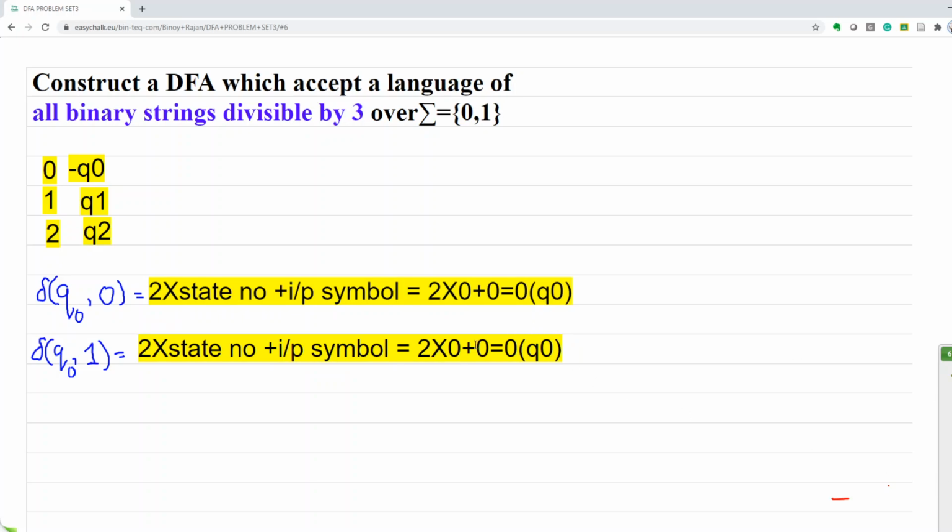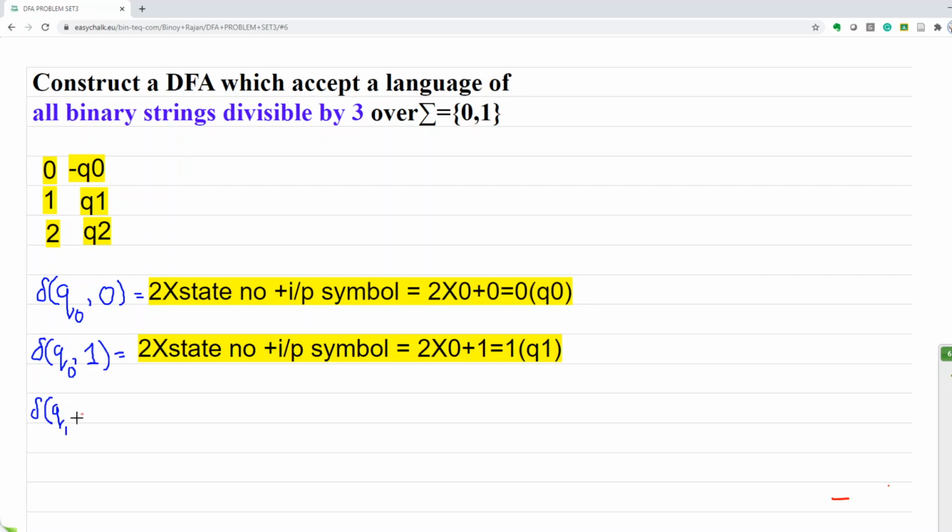So I'll change the input symbol to 1 over here. So we'll get the number as 1, so the state will change to Q1. Okay. The next case is delta, where we change the state number to the Q1 state.